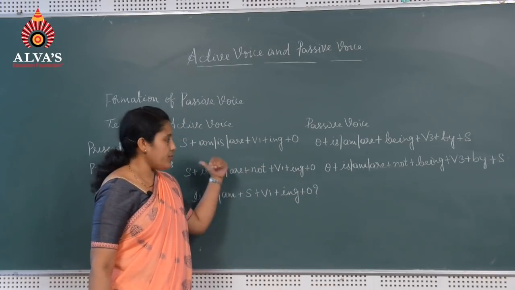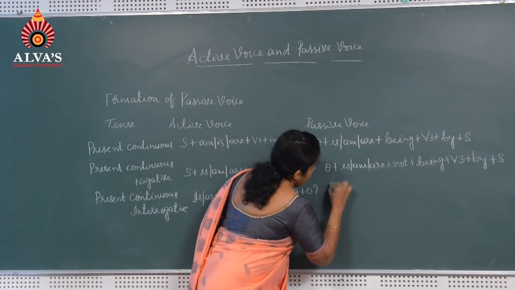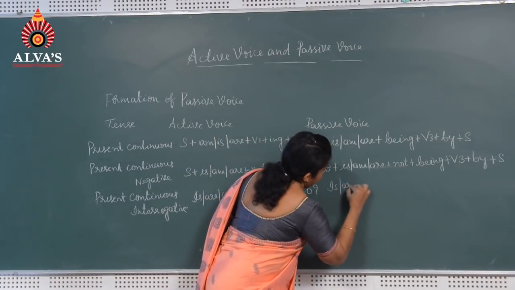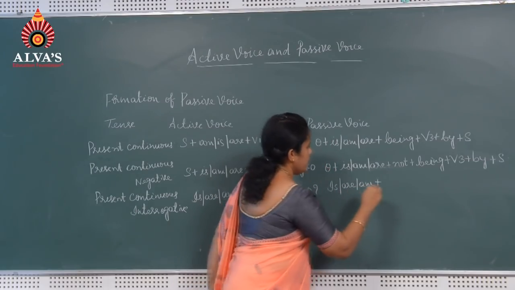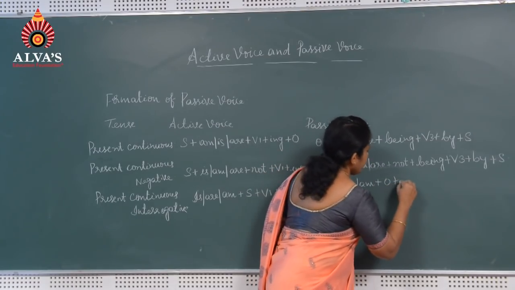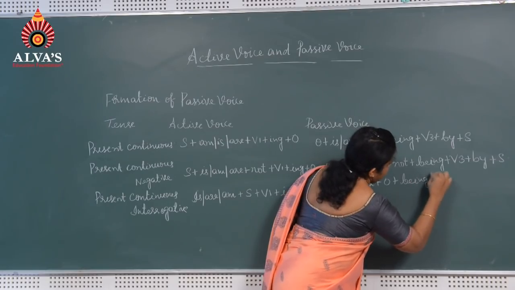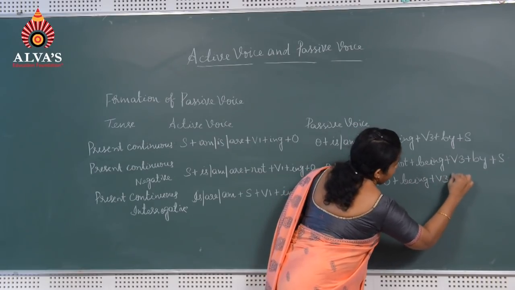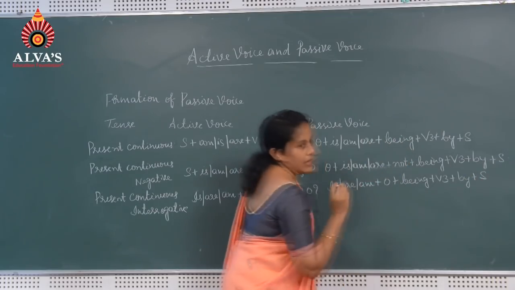So, when we change from active to passive, it becomes is, are, am plus object plus being plus V3 form plus by preposition plus subject.